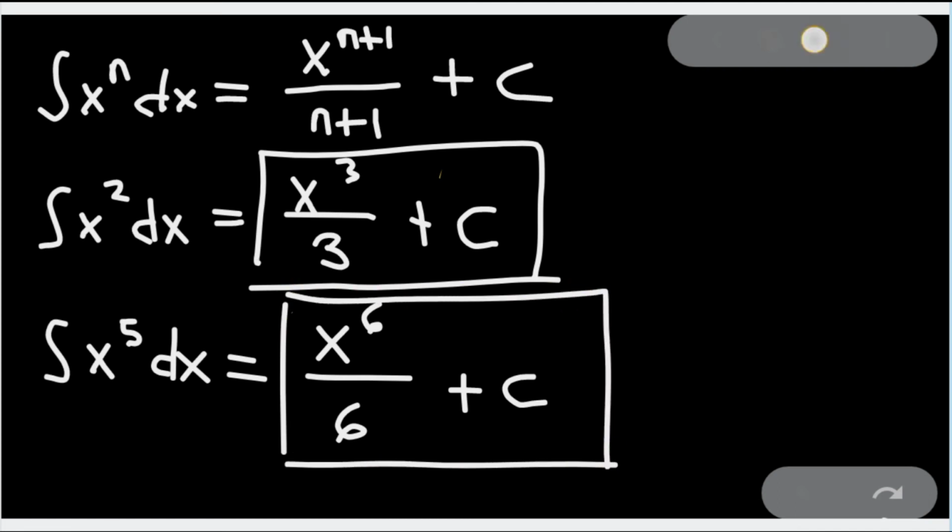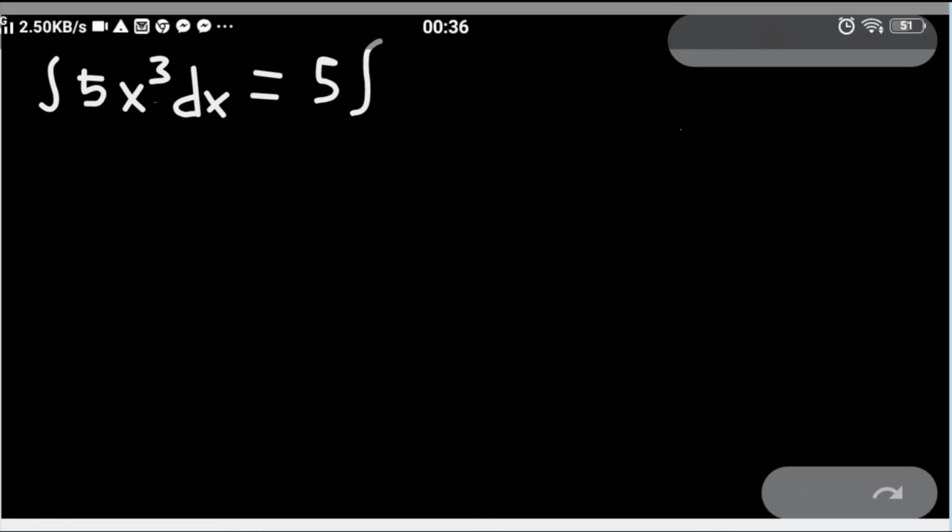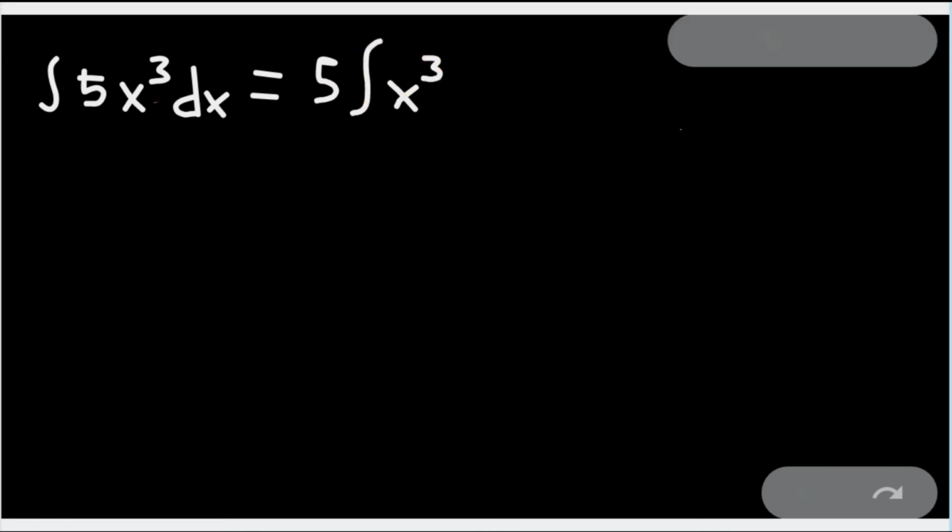Now, what if we combine constant and the variable? Let's say, for example, we have the integral of 5x cubed dx. Like what we did earlier, what we need to do first is to put on the left side the constant. So 5 times the integral of x cubed dx.